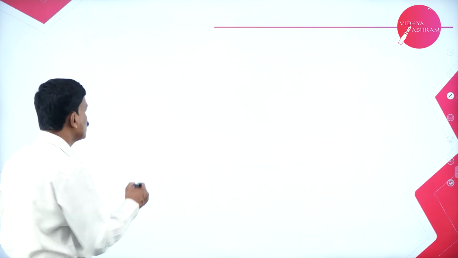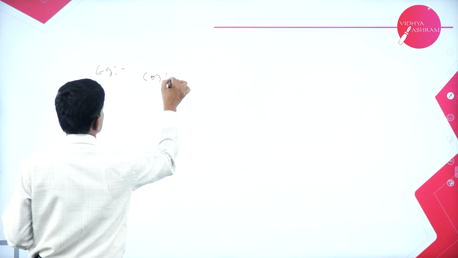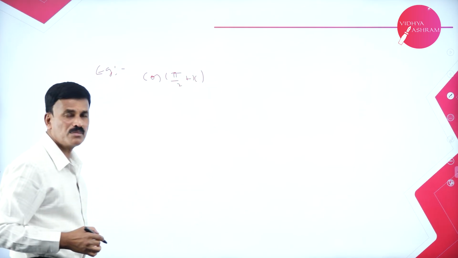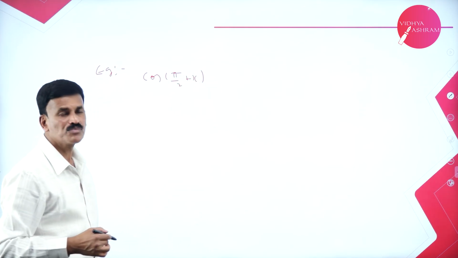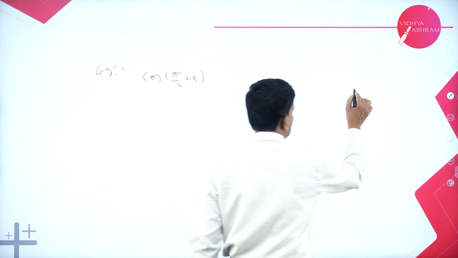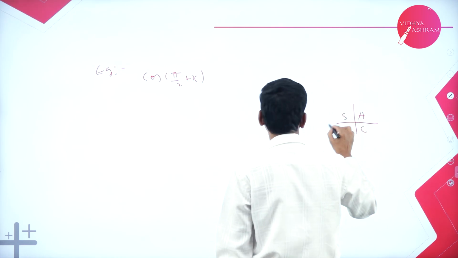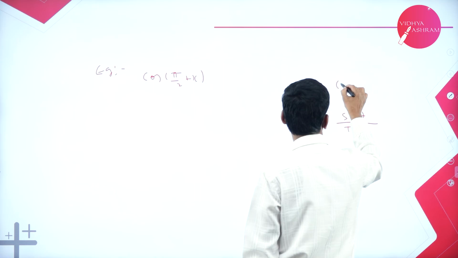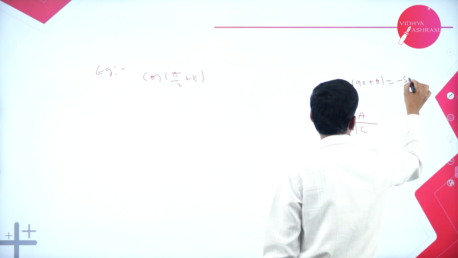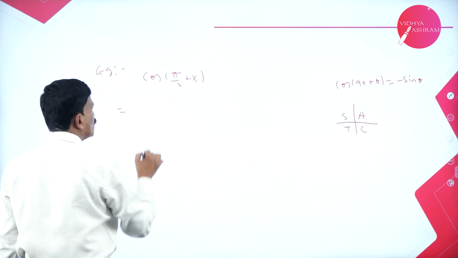Suppose you want to find the value of, for example, cos(pi by 2 plus x), that is cos(90 plus theta). Using allied angles, ASTC, cos(90 plus theta) is equal to minus sin theta. Let us check according to the definition.